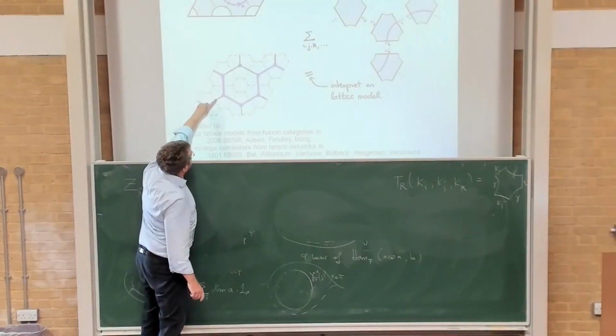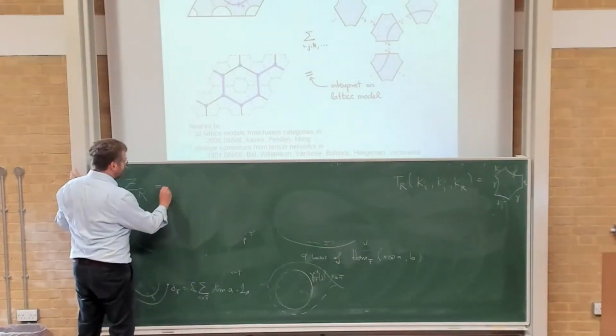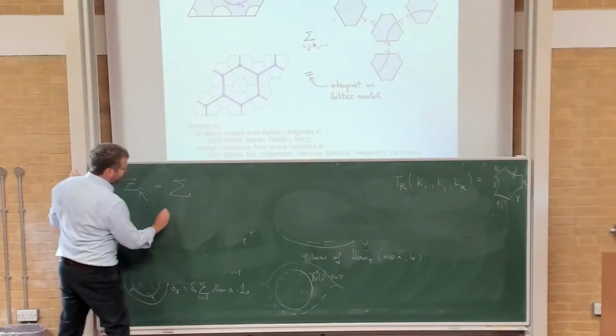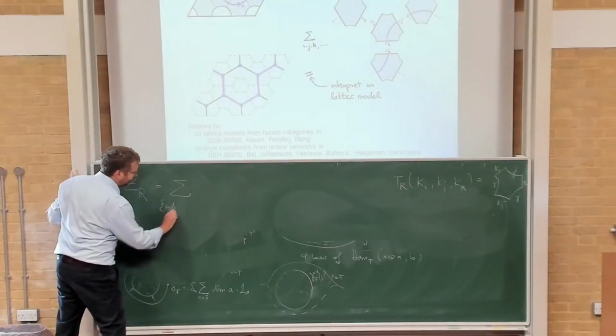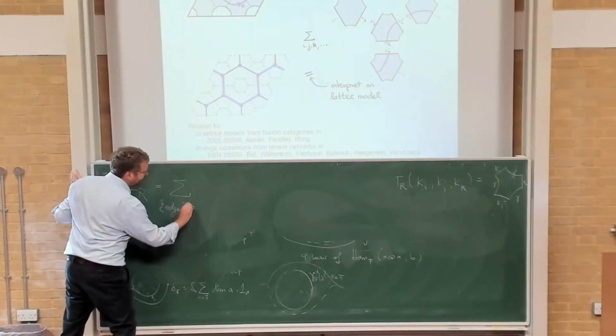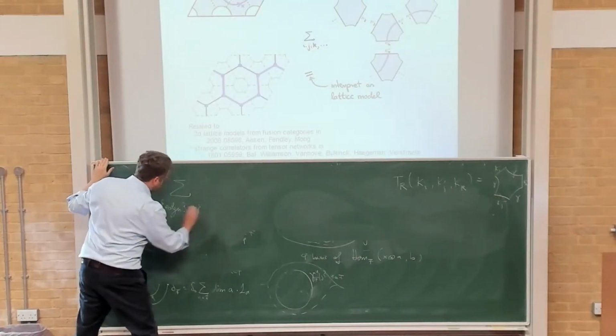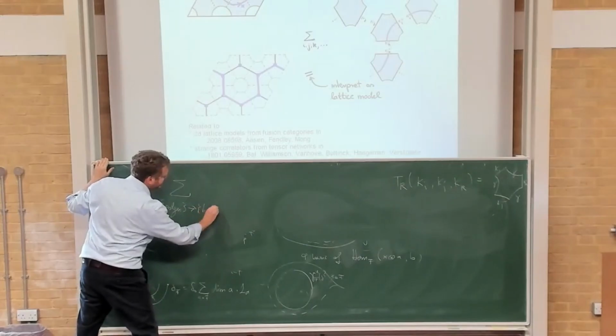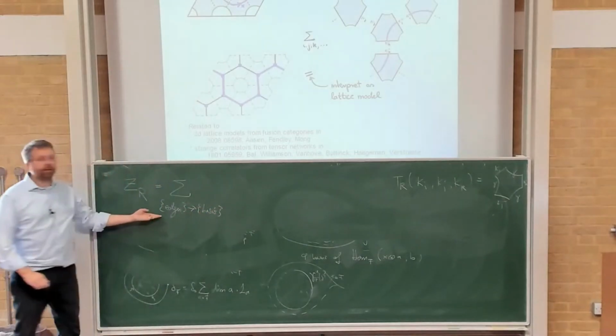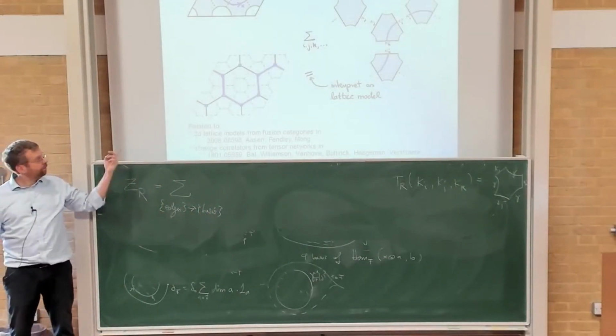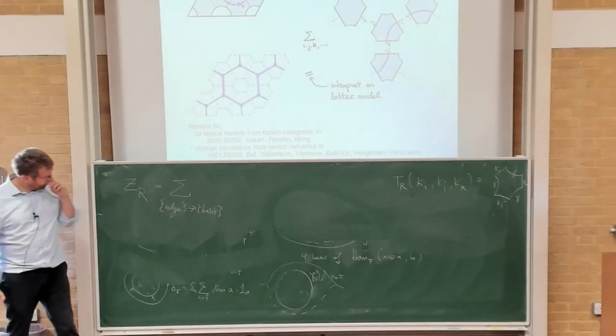So these are all configurations of states on the edges. So I will write this as a map which goes from the edges to the base. Edges to bases, right? So that's the sum over local configurations in my lattice model.